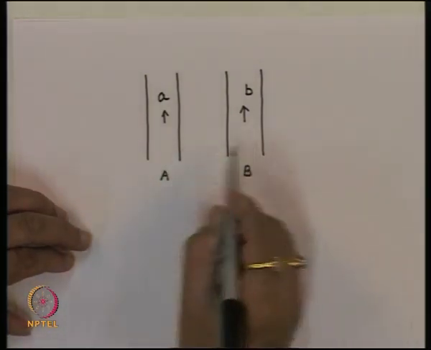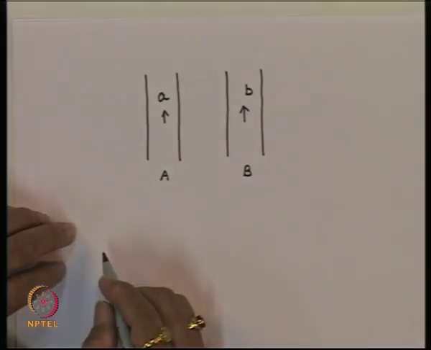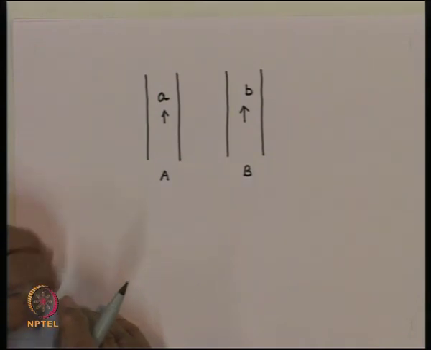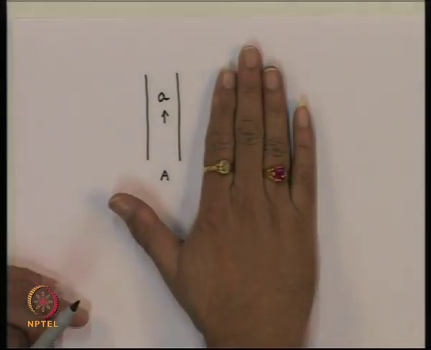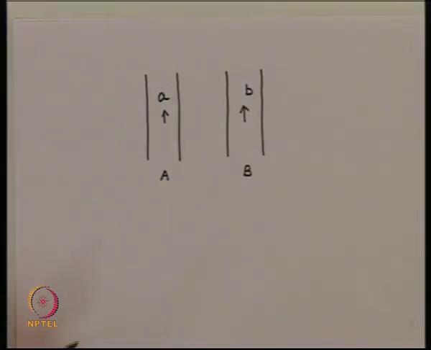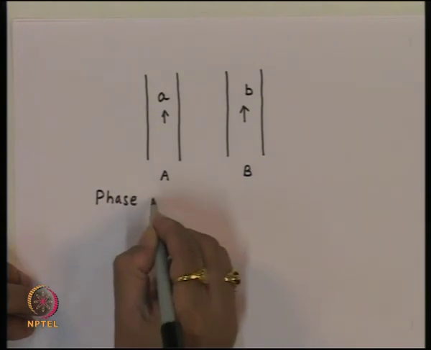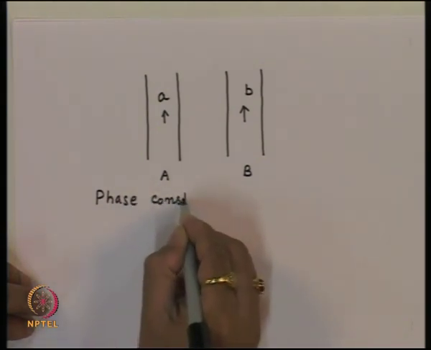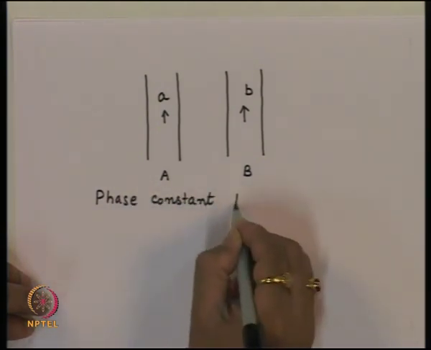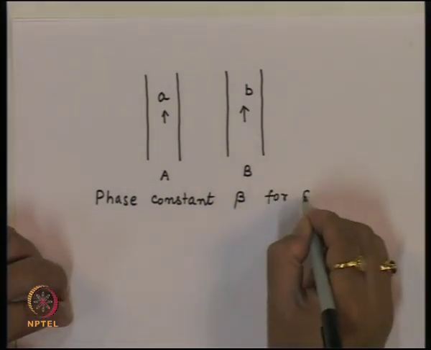And if these two waveguides are identical, then they have a phase constant for the individual one, which is given by beta. So we say in the absence of the other waveguide, the phase constant with which the wave will travel on this structure is what is called beta. So we have the phase constant beta for an isolated waveguide.